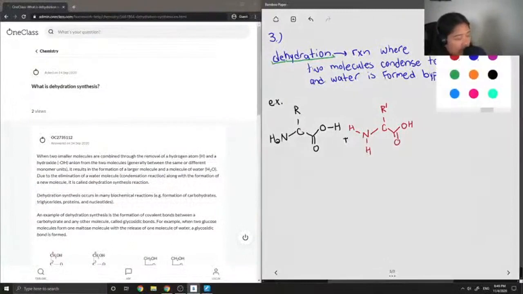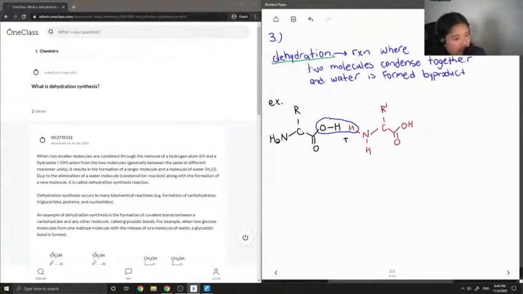And now I'm going to circle where these two reactants will combine. And then I can draw a final product at the bottom here.